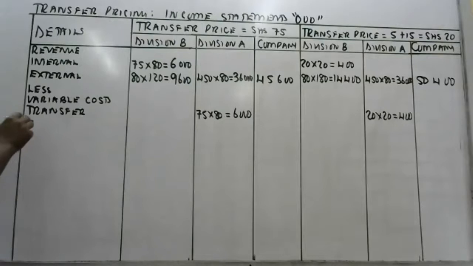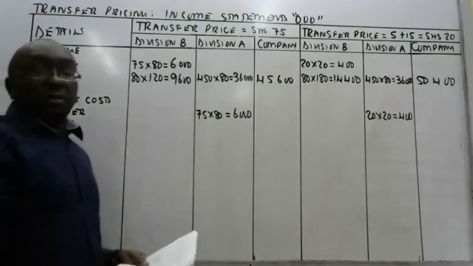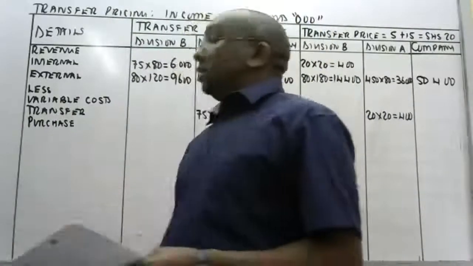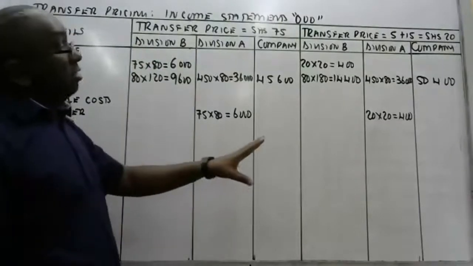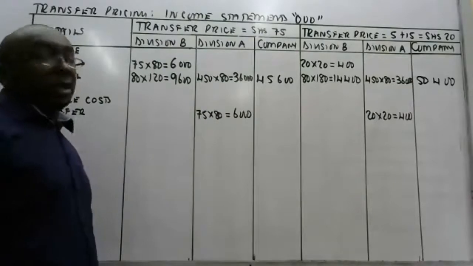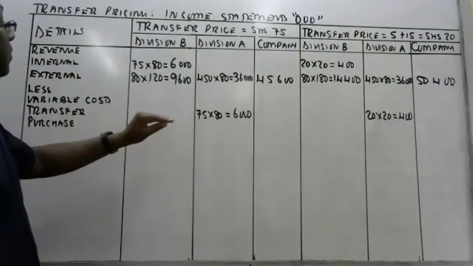The other one is purchase. Although this is not very common, that's why I said they are normally two, but you can also find three. So purchase is where the receiver buys externally.